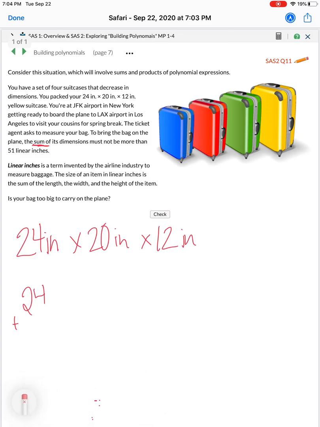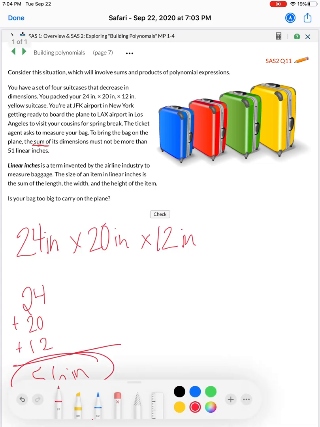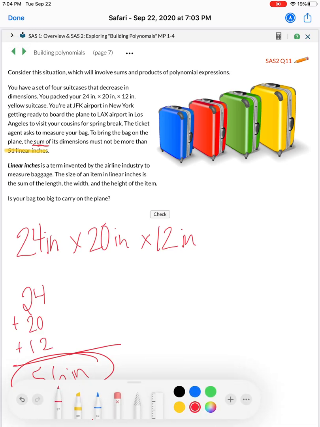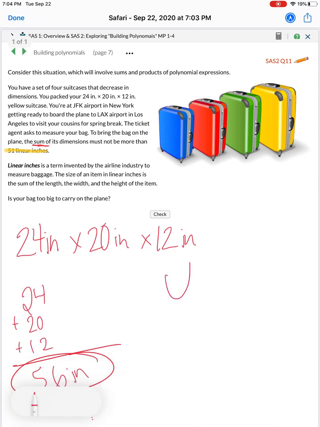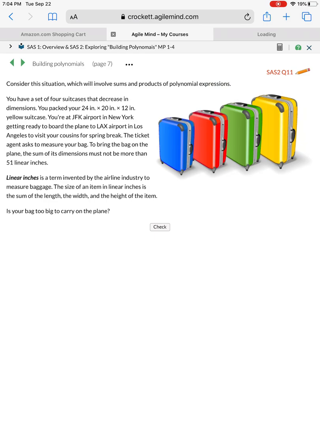So, we have 24 plus 20 plus 12. A total of 56 inches. And it says it cannot be more than 51. Is my bag too big to carry on the plane? Yes, it is way too big. Now, this question leads to number 12.